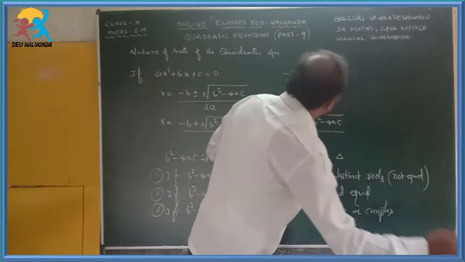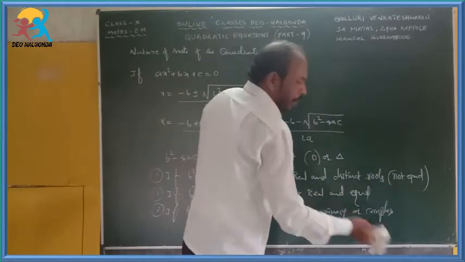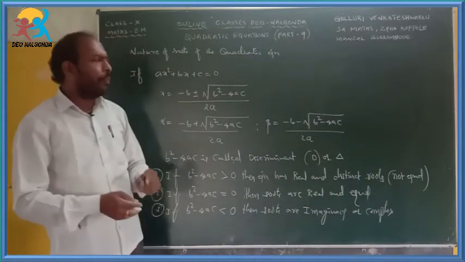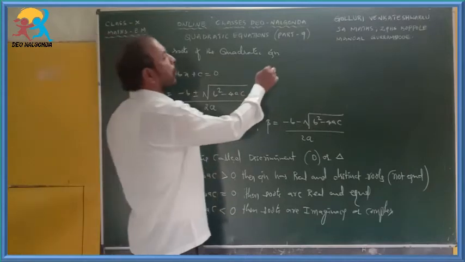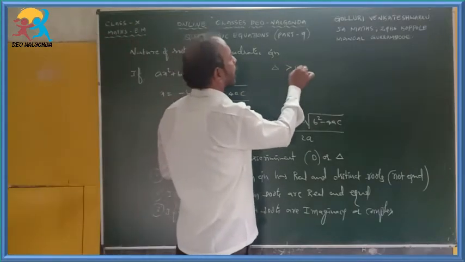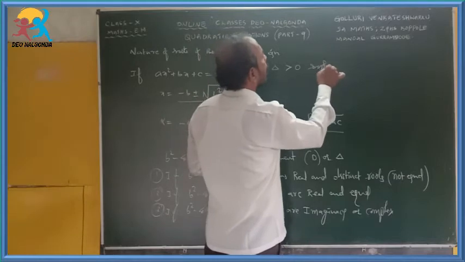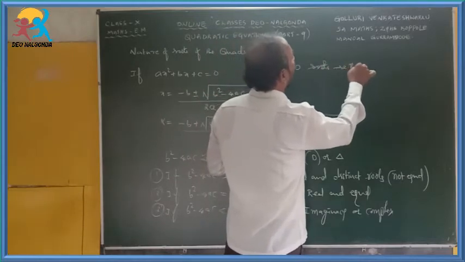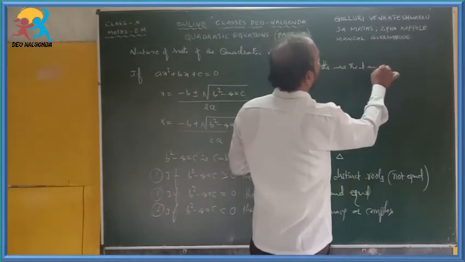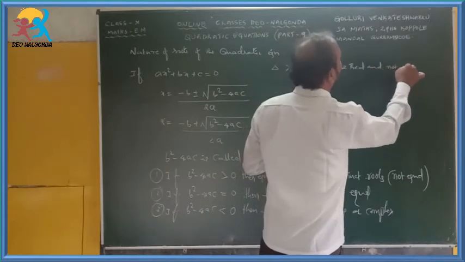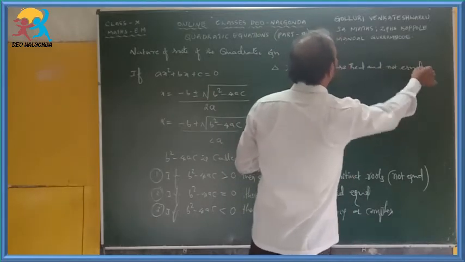Let us remember these 3 cases once. Whenever the discriminant value is greater than 0, roots are real and distinct, not equal. That is the first case.